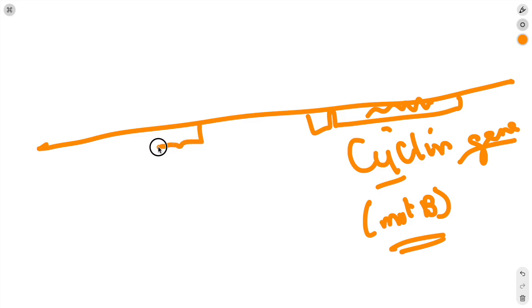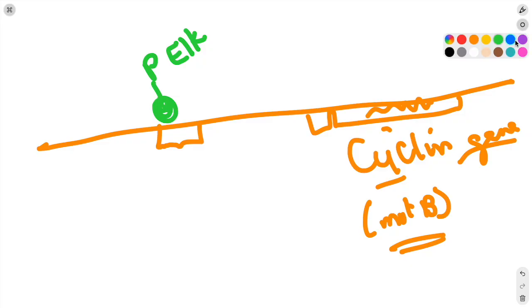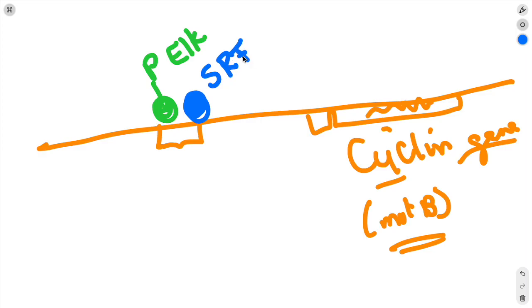Our first and favorite enhancer binds the phosphorylated form of ELK. And we learned that it also is bound to this other transcription factor called SRF. Both of them work together to activate expression, so both of them are activators. Okay?